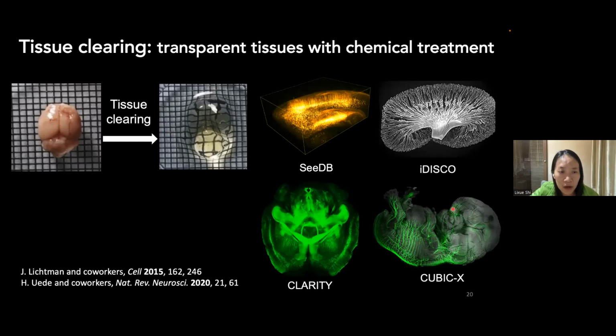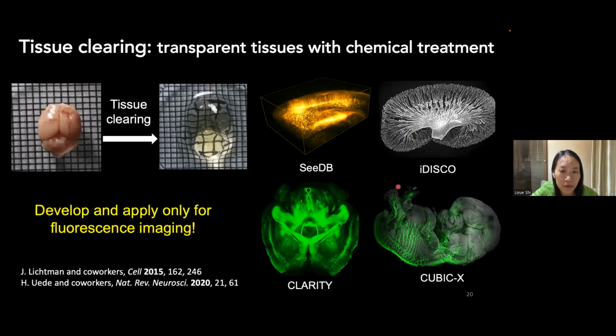However, all these techniques were developed and optimized for fluorescence imaging. Their utilization in Raman dye imaging is underexplored. So here we aim to extend the epr-SRS to 3D with tissue clearing protocols, particularly optimized for Raman dyes.